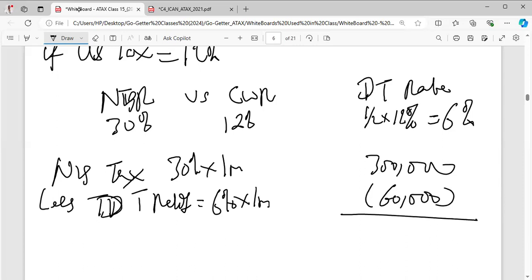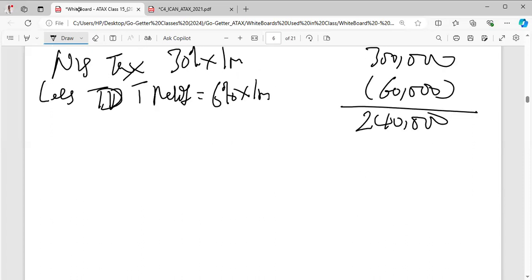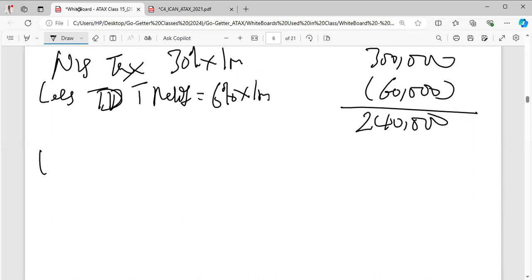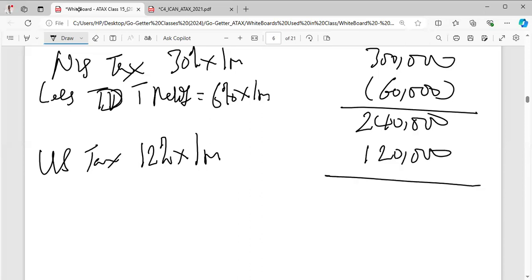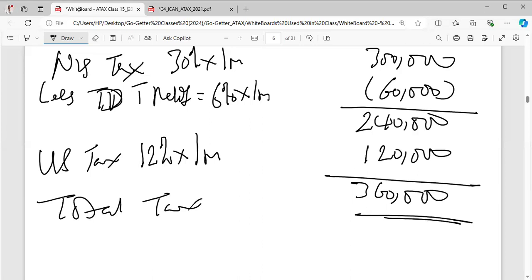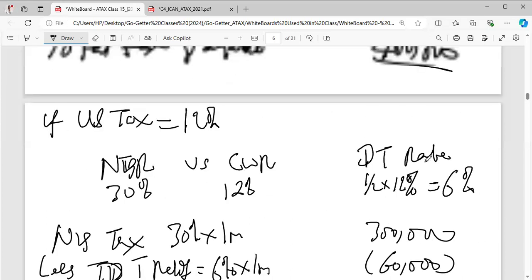So this will be 240,000. And US tax will be 12% of 1 million, which is 120,000. This should give us 360,000 total tax payable. So you see here, he's paying 360 here as against 400.